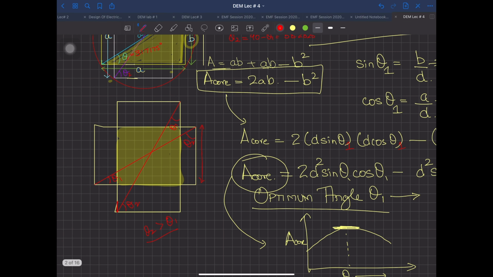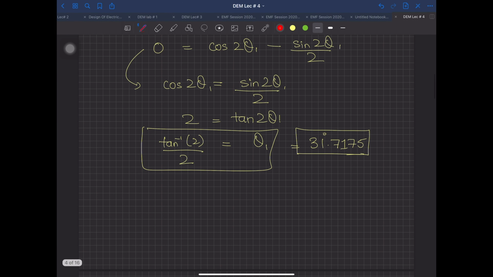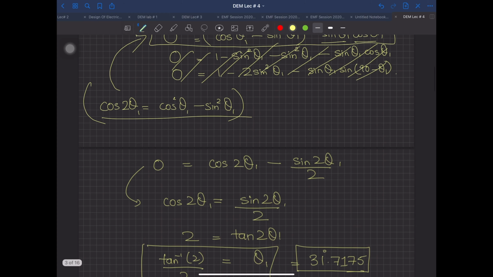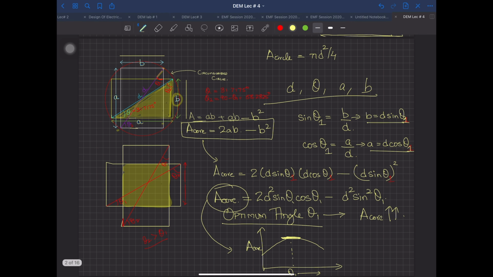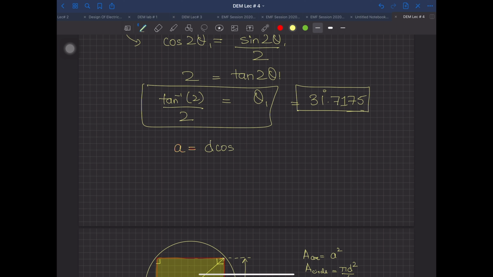Now, based on this optimum angle, whatever you have got over here, now you know your A, that was equal to, in fact let me change it back to this one. A was equal to, if I am not wrong, d cos of theta 1. B was equal to d sine of theta 1. So can you now give me an answer?